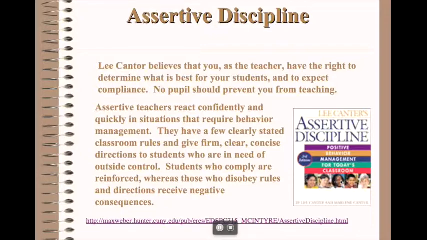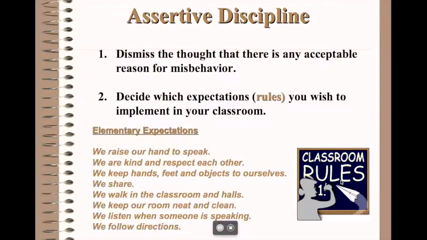So assertive teachers quickly and assertively correct the behaviors that they need, and they tell the kids exactly what behaviors they expect with classroom rules that are firm and clear and concise, and they expect compliance to those rules. It's a simple system.